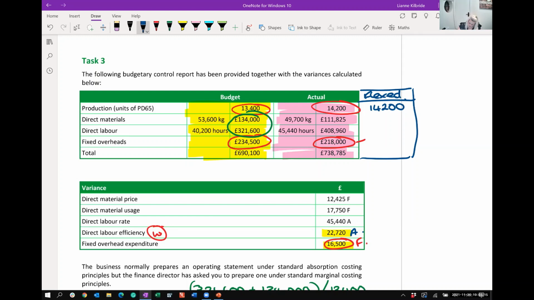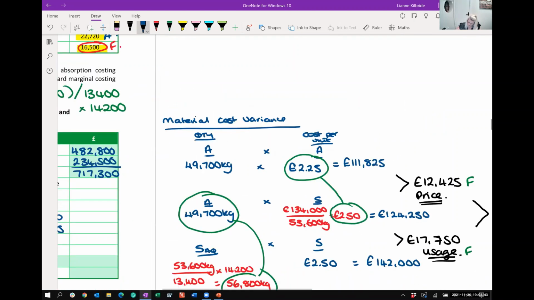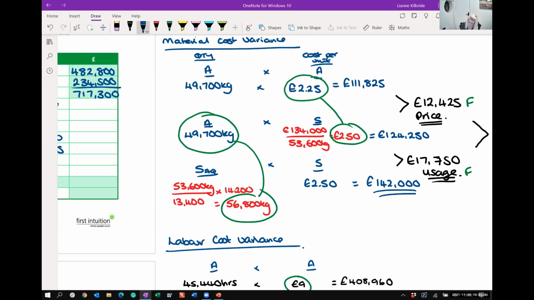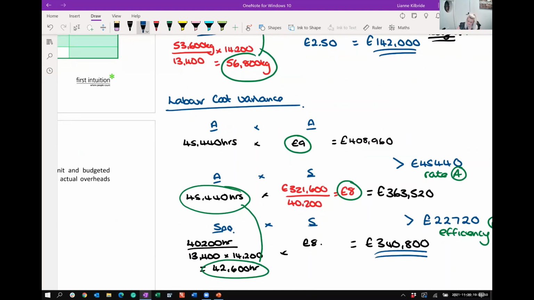When we deal with material, we've worked out the cost per unit. We worked out these two figures using SAC, didn't we? The standard cost for actual quantity. So we can take the cost that we calculated down here for your variables. So we can see you've got your variable figures here. So these are your flex budget figures in terms of cost.